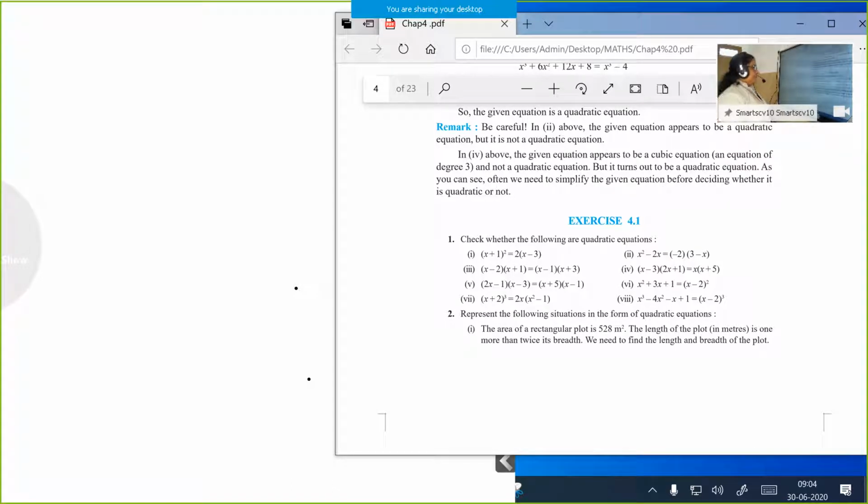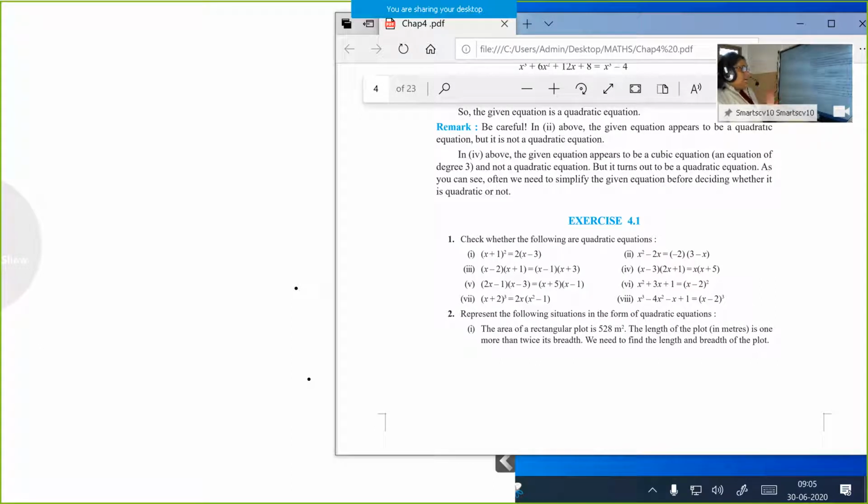The area of a rectangular plot is 528 meters square. We know that the area of the rectangle is L into B. The given condition: length of the plot is 1 more than twice its breadth.